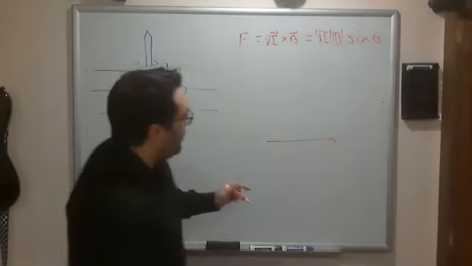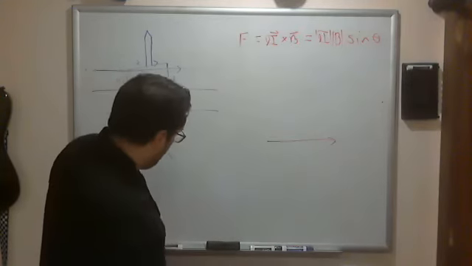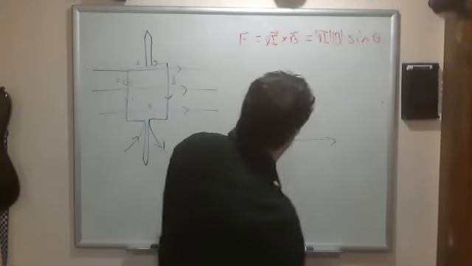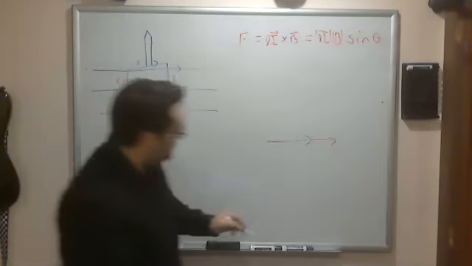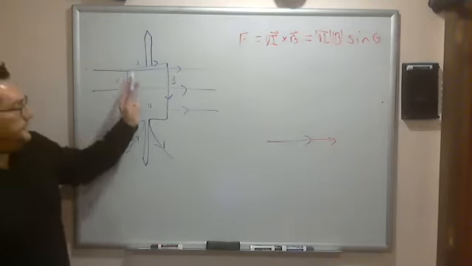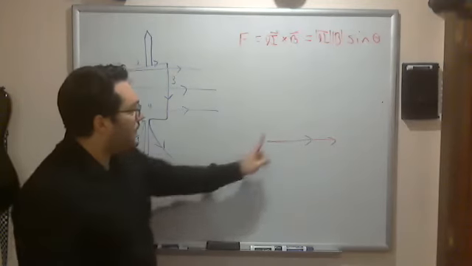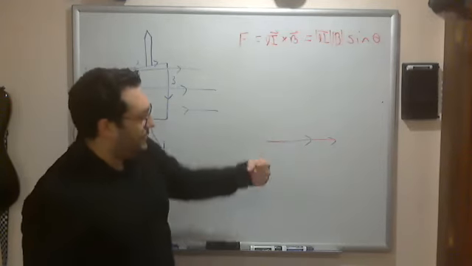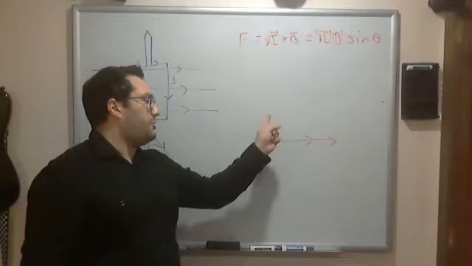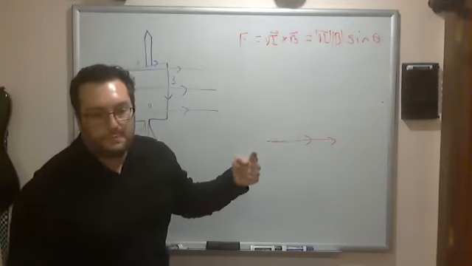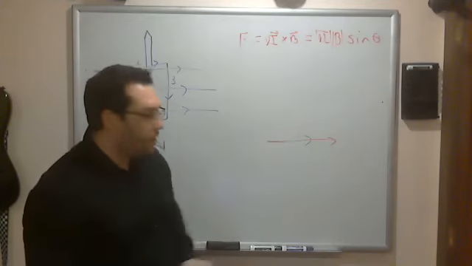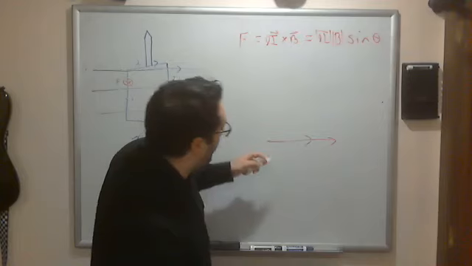With both the magnetic field and the current along the same direction, any vector circling around here is perpendicular to both.